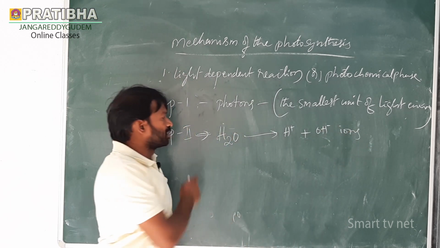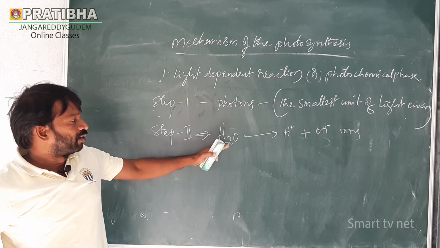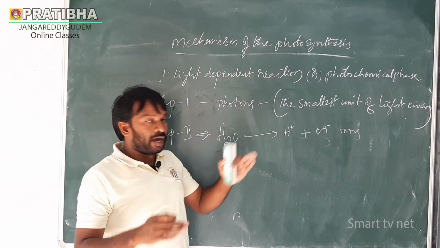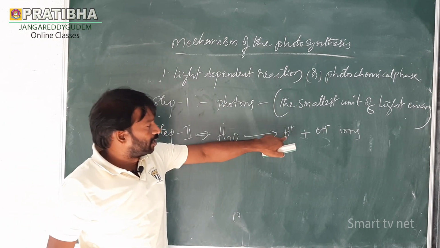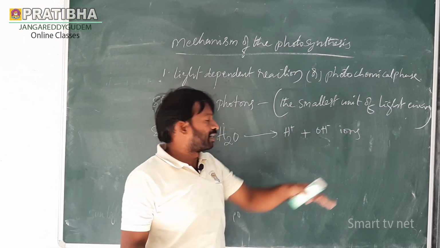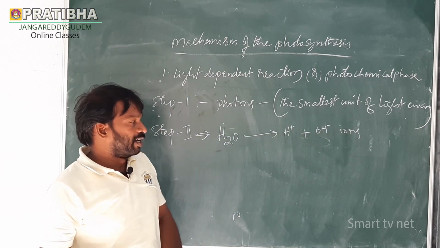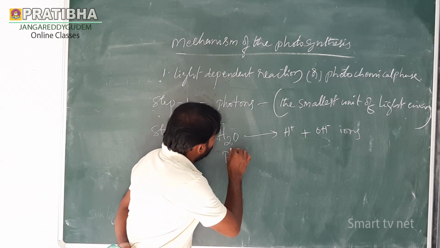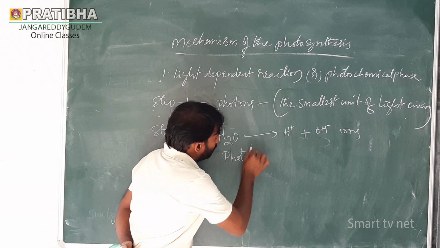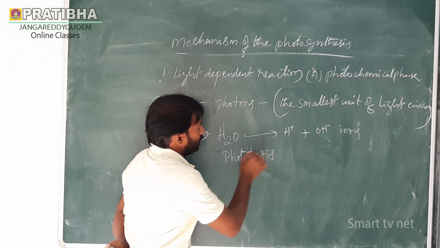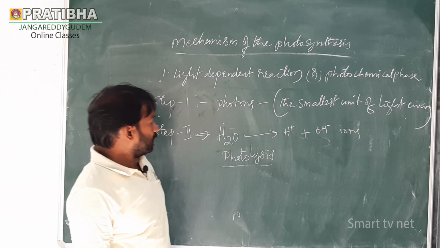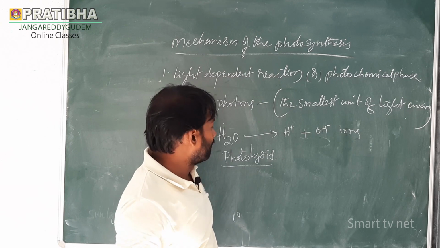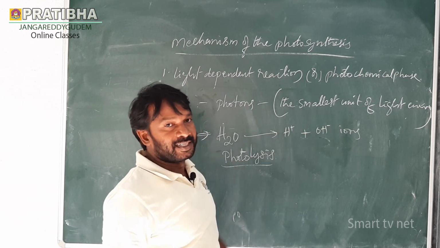Water molecules split into two ions, hydrogen ions and hydroxyl ions. This reaction is known as photolysis, which means water is splitting by the light.